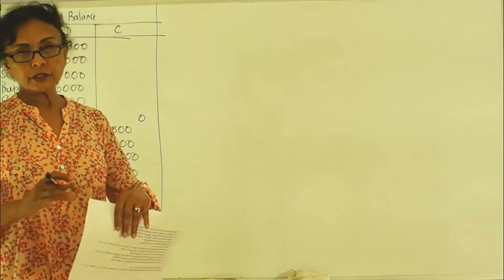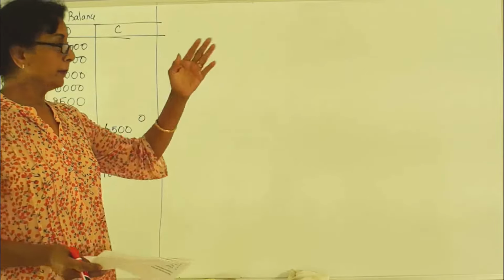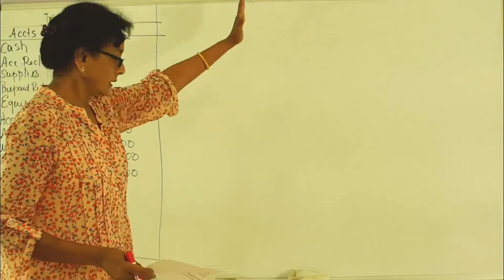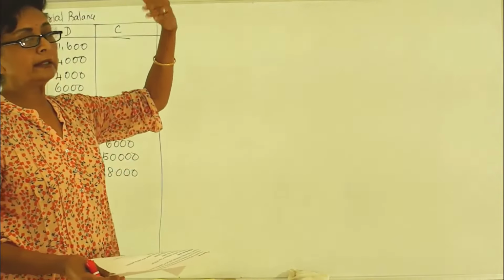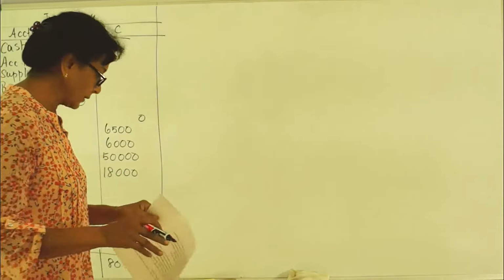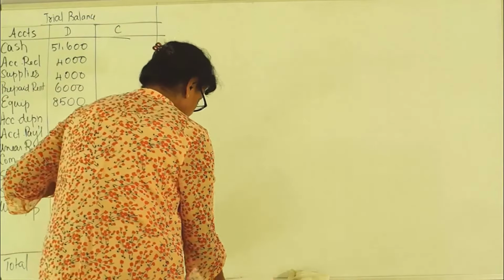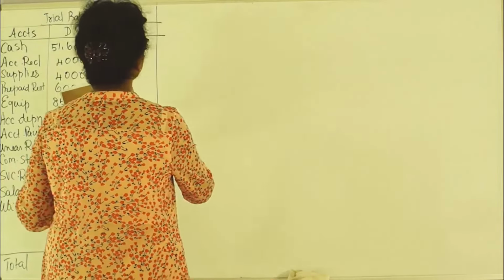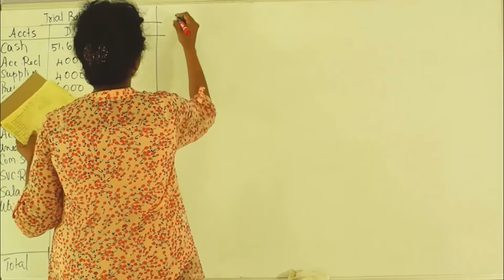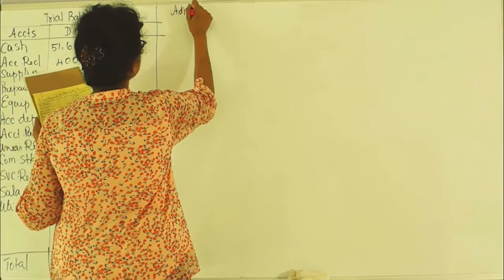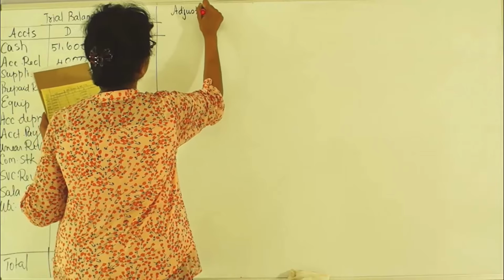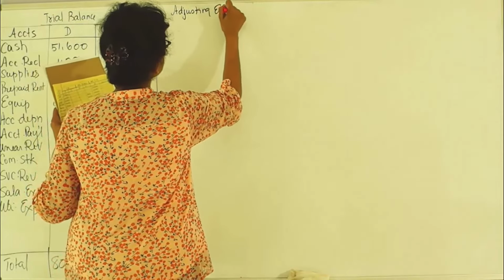And adjusting entries, we are going to prepare the adjusting entries in this column, and then we are going to prepare the adjusted trial balance. So now I'm going to prepare a column for adjusting entries.